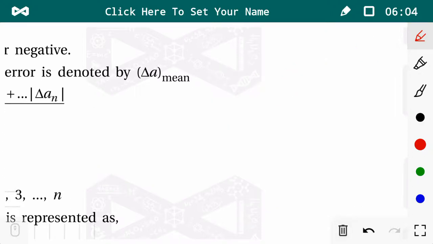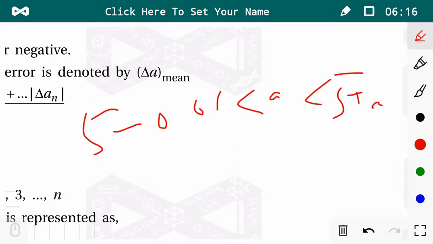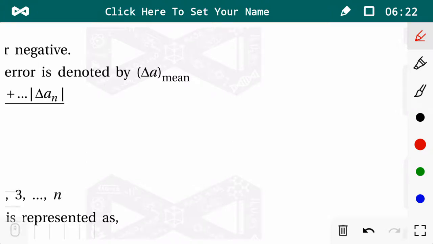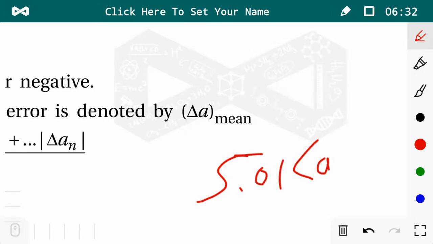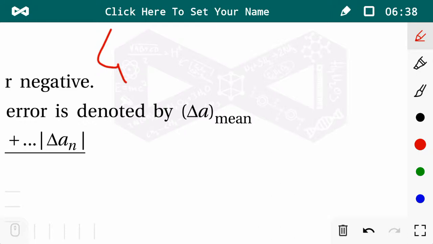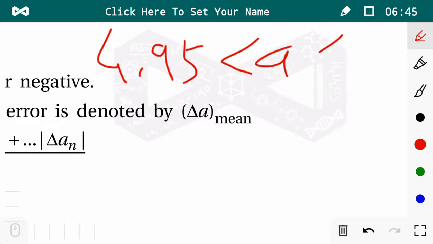It means your true value A must be between 5 minus 0.01 and 5 plus 0.01, that is, 4.99 less than A less than 5.01.